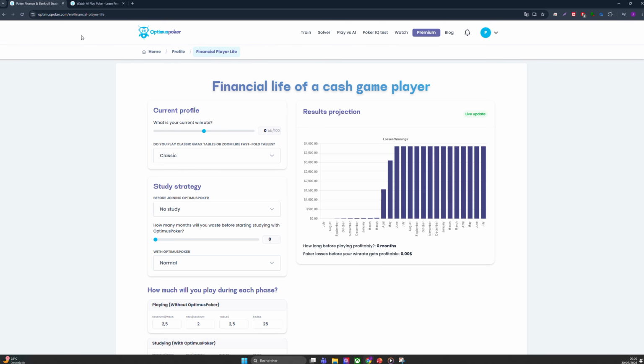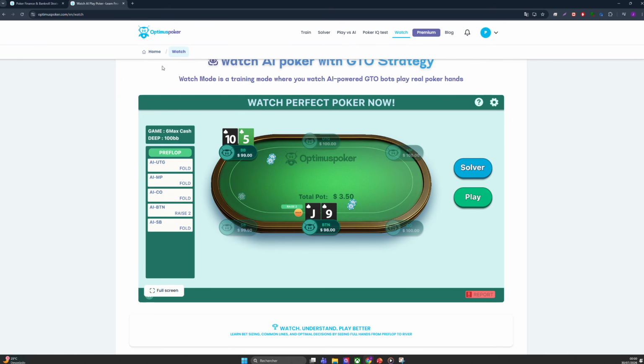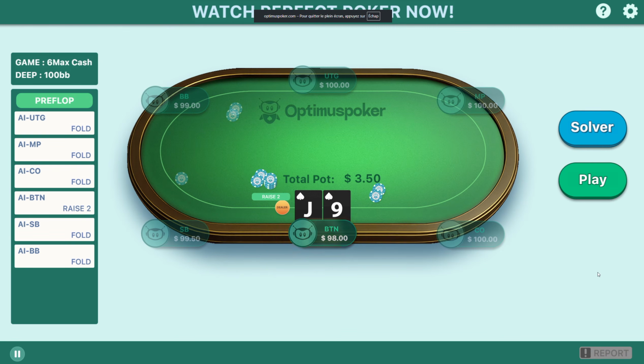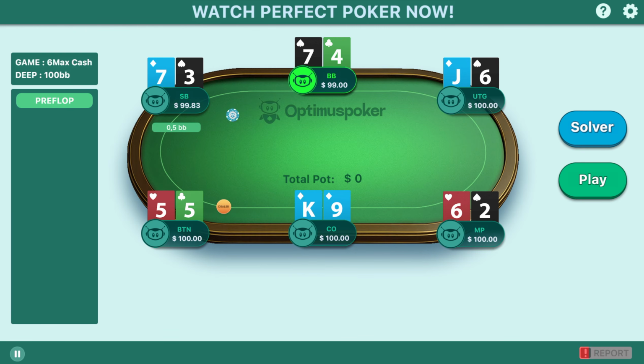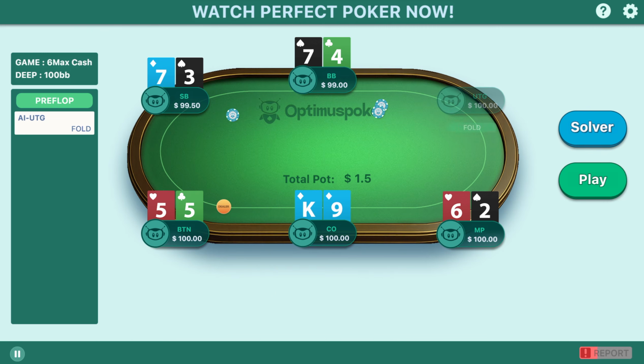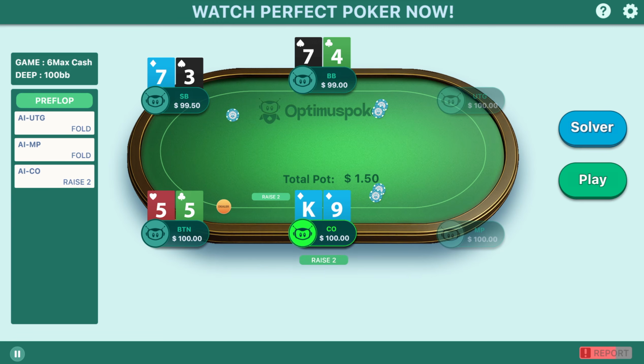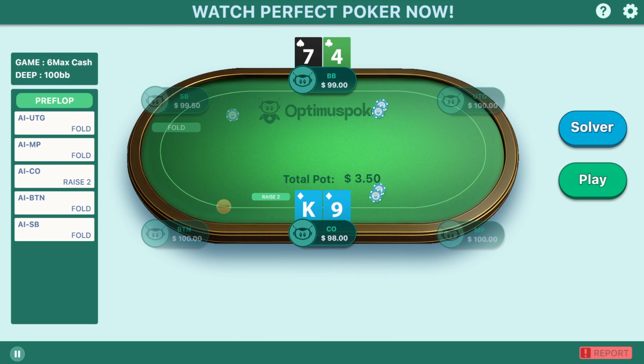And you will eventually be able also to watch the AI play against each other. Once again, this video was about explaining the theory and showing a little bit of practical examples behind the calculations of the winnings or losses of a cash game player.